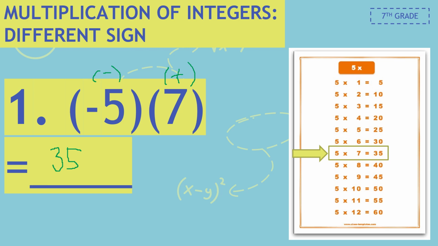Okay, so the sign of the product will be negative. Okay, always remember that whenever we are multiplying different sign, the product will always be negative. So negative 5 times 7 is equals to negative 35.